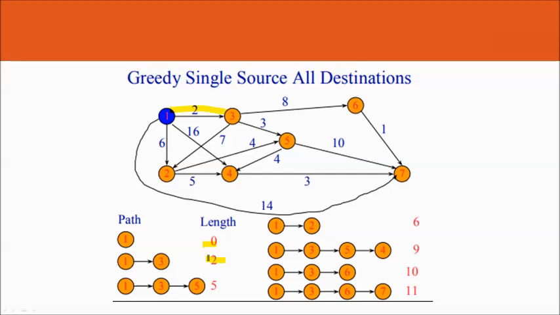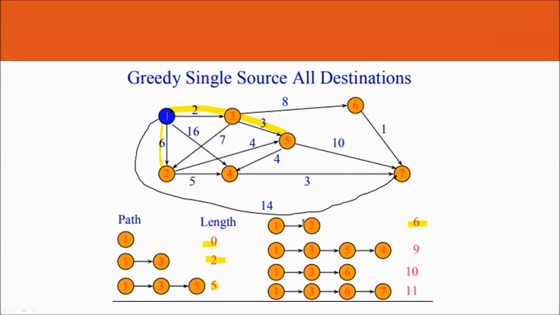Now let's check the next path. From vertex 1 to vertex 3 and to vertex 5, 2 plus 3, we have a length of 5. Next, what about vertex 1 going to vertex 2? Is there an edge? Yes, the weight is 6. That's how we arrive at 6.